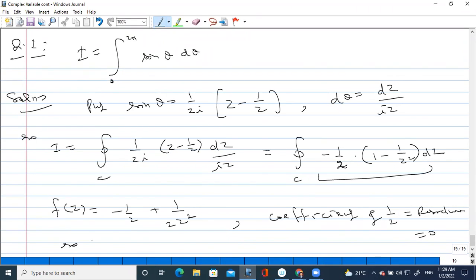So the integral will be 2 pi i into the residue, which equals 0. So the answer is 0, and we already know that because this is an odd function, and for an odd function from 0 to 2 pi, the answer is always 0. So this is verified. Note this down. This is the method of how we apply it.